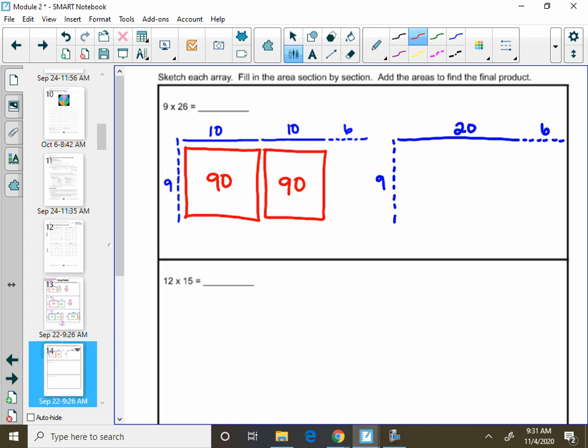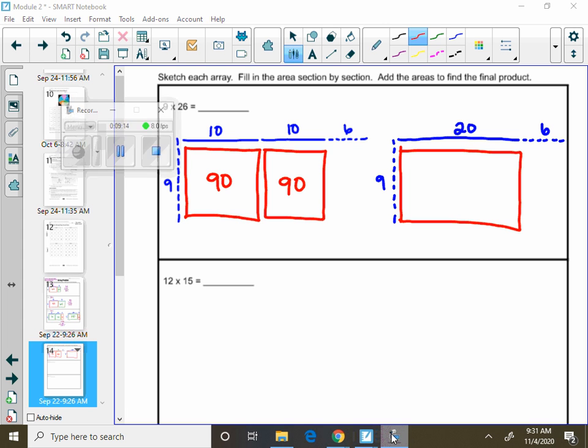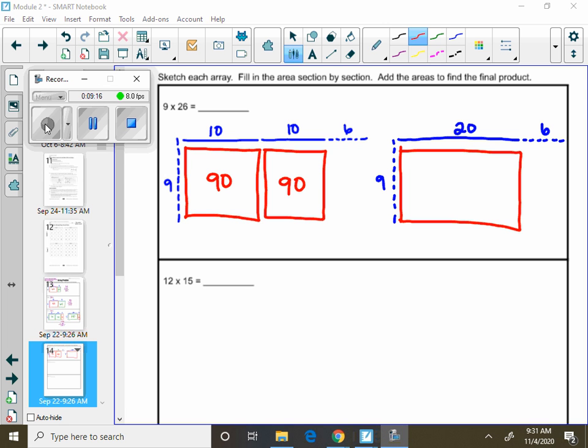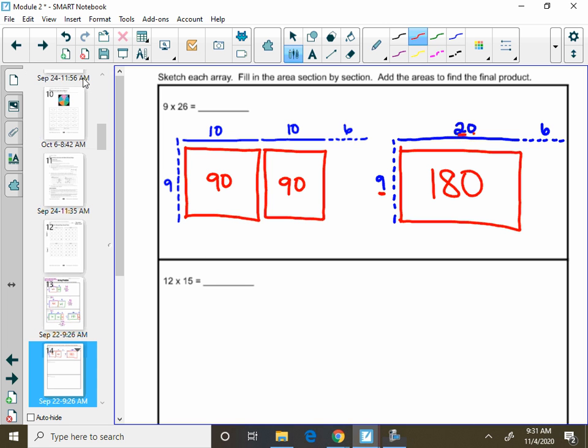If I did 9 times 20, I would think 9 times 2 is 18, a 0 in the problem, a 0 in the answer. So you can see that those red sections are exactly the same, right? 90 and 90 is 180. And then that last section is 9 times 6, a basic fact, and it's 54.